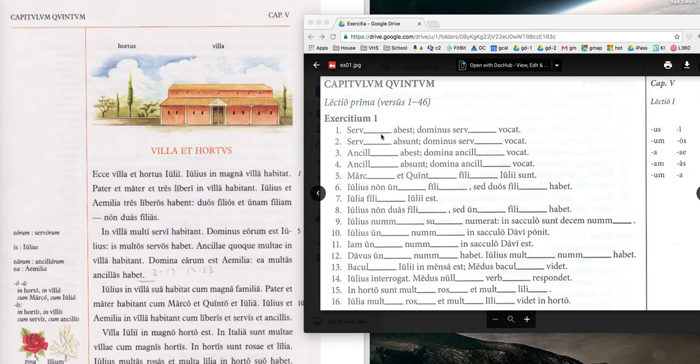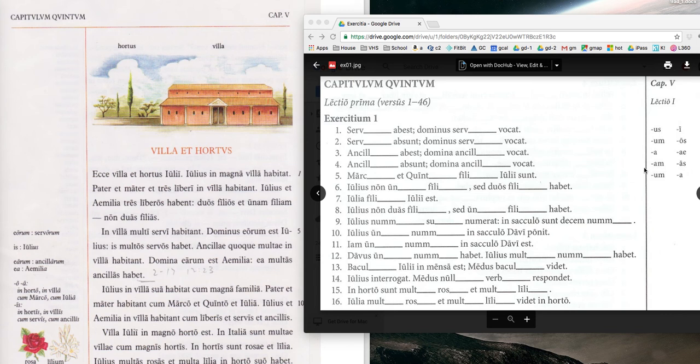Now, what's going on in exercise 1 is we've got subjects and we've got direct objects. And this one is both subjects and direct objects. Now, these four endings are for masculine nouns like fluvius or cervus or Marcus or anything that is masculine.